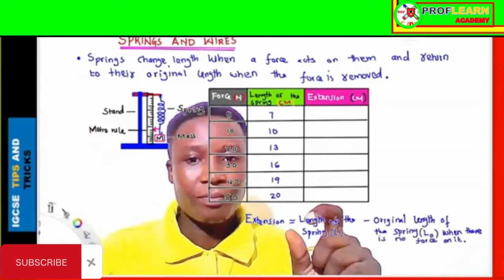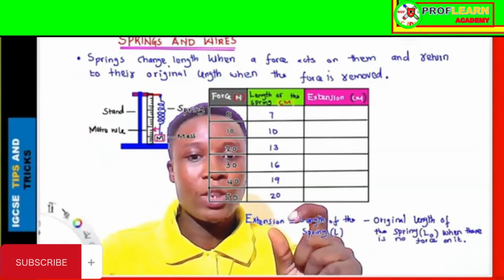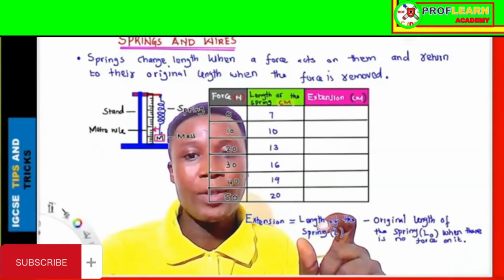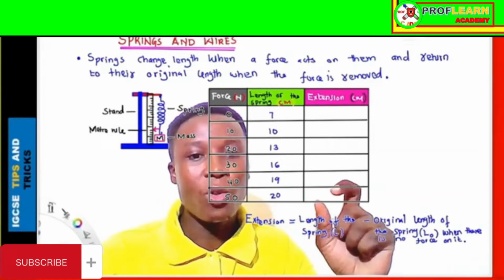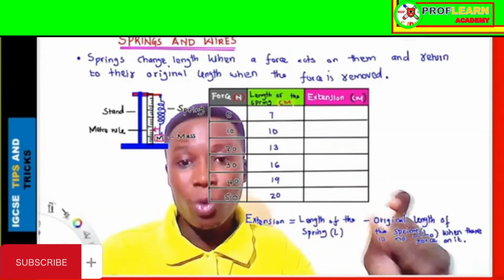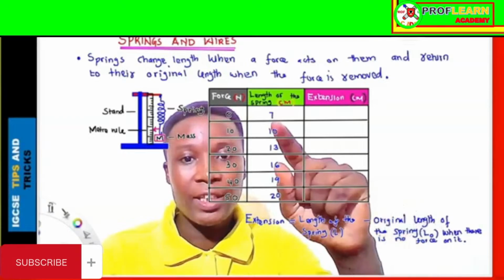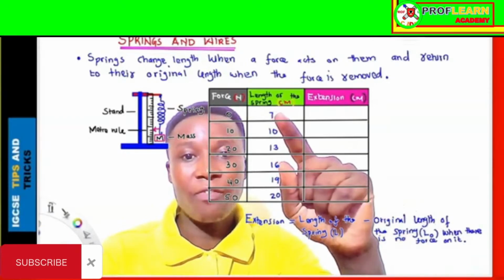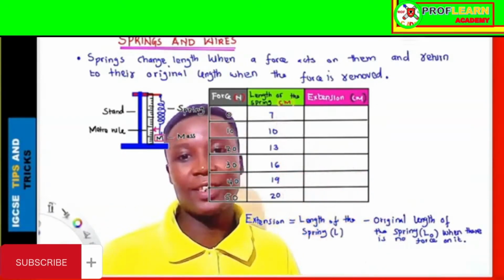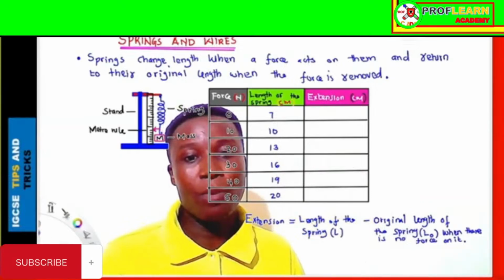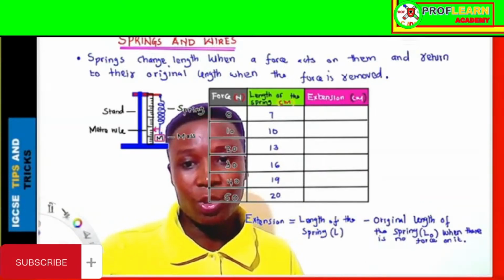So to get the extension, we subtract the original length when there was no mass on that spring from the length of the spring when there is a mass. In this case, our original length was 7 centimeters. Given this table, that's how you can determine the extension.